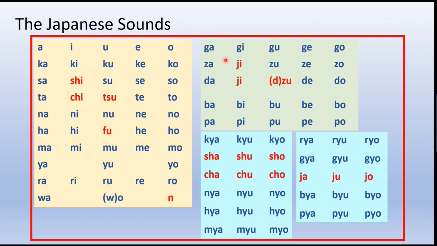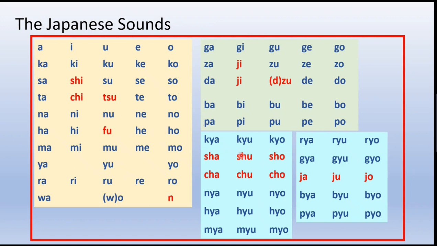Then on the right side, the top green box, the first 4 lines, represent the Dakuons, which are murky sounds. And then we have another line, which is known as Handakuon. These are semi-murky sounds basically, and this fifth line is the line of semi-murky sounds.